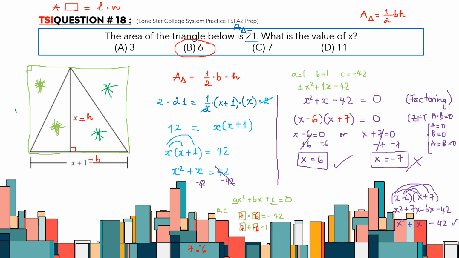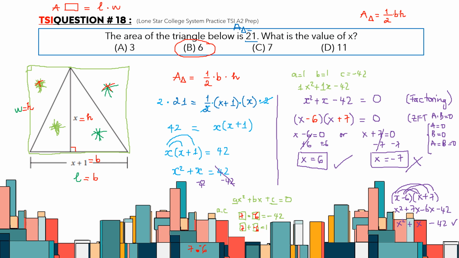And also, this is the width of the rectangle, and this is the length. So the length of the rectangle is the base of the triangle, and the width of the rectangle is the height of the triangle. And we see that the rectangle, if it is divided in half, the triangles will become two equal parts.